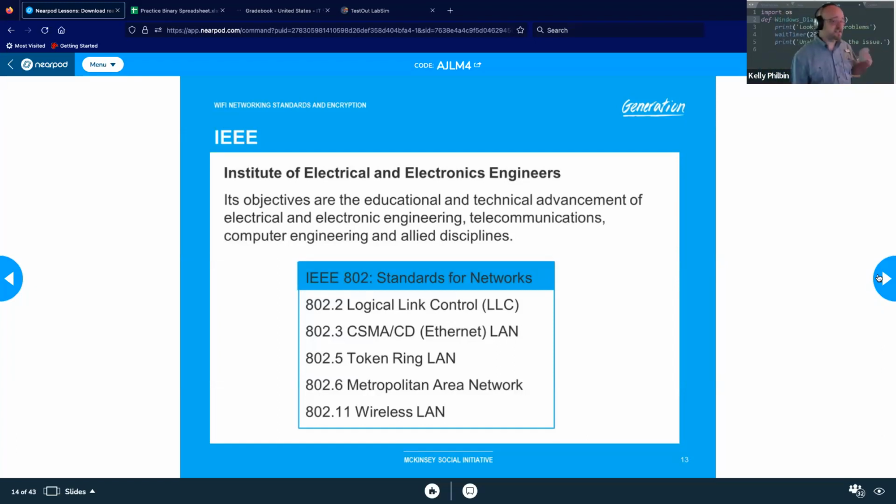So it's just a list of standards. It's not a frequency or any of that stuff. There are over 100 of these. But for the A+, you really need only be concerned with one of them, and that's the 802.11. When you get into network and security and stuff like that, you'll need to know some more. But for the A+, just the one.